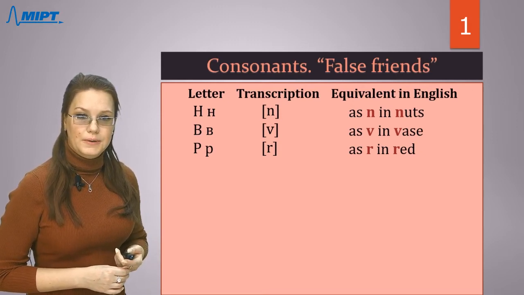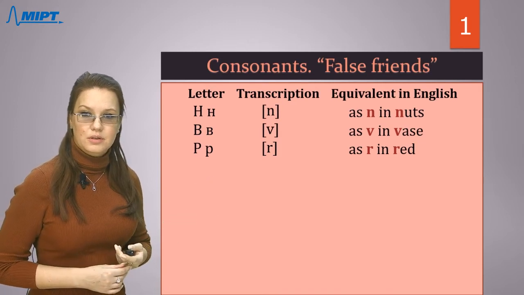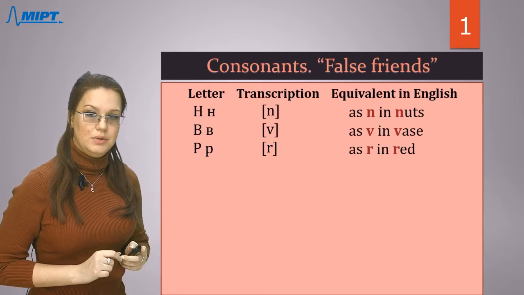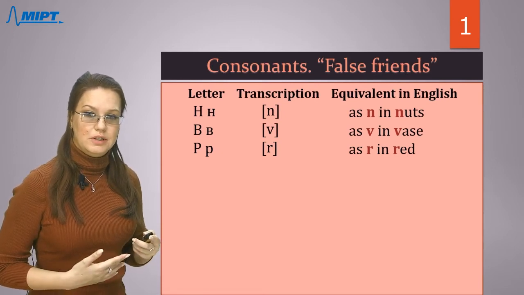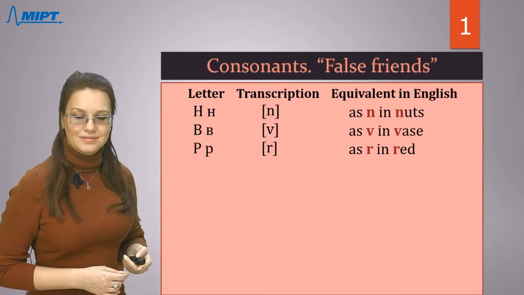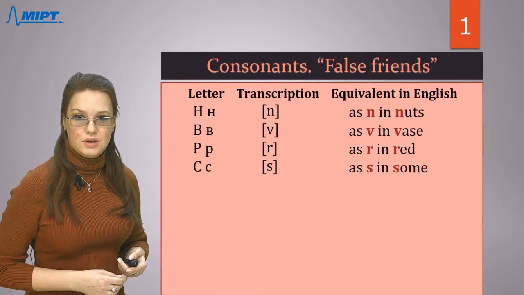So, this sound is not completely the same as in this word, red. I told you, this letter we need to pronounce a little differently. R, R, R. A little later, as usual, I will show you more examples.